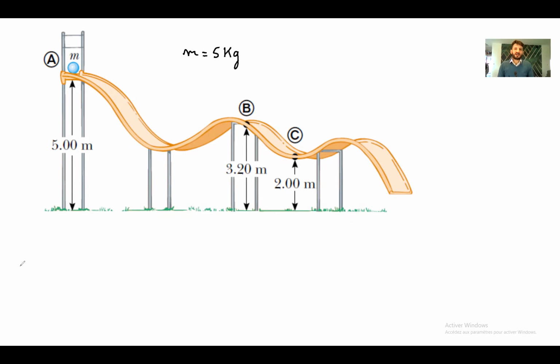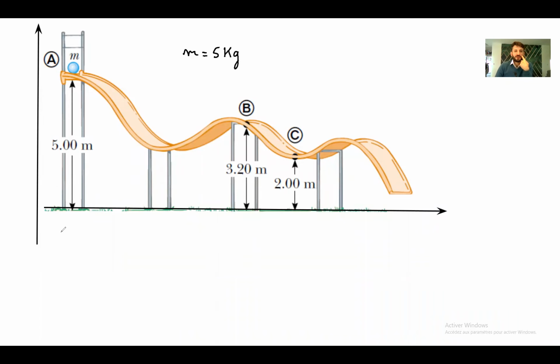Here you have to put the reference of the system. Look here, we have 5, we have 3.2, and we have 2. So it's better to put down the x-axis and here the y-axis.